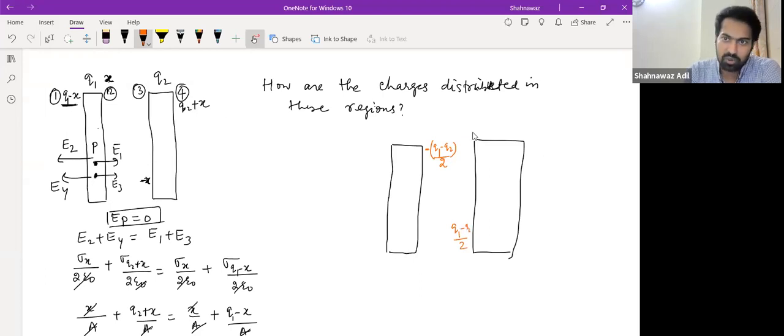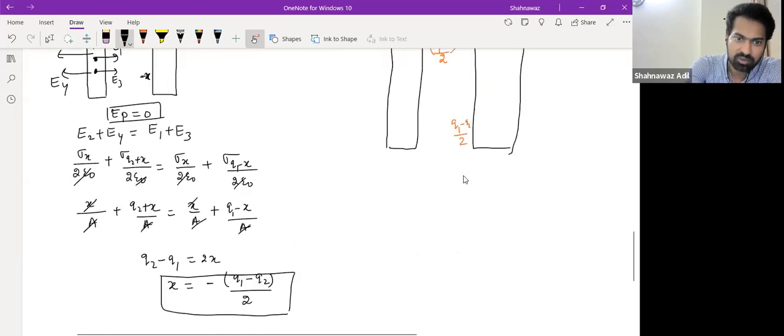And this is q2 plus x, so q2 and x is minus of (q2 minus q1) by 2.